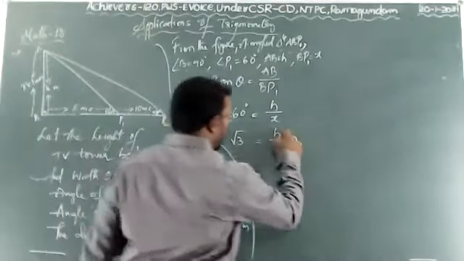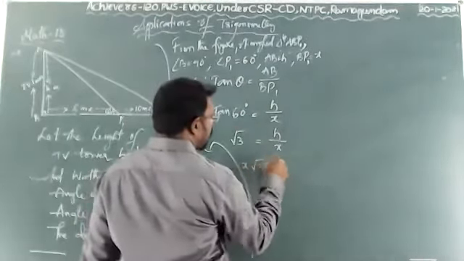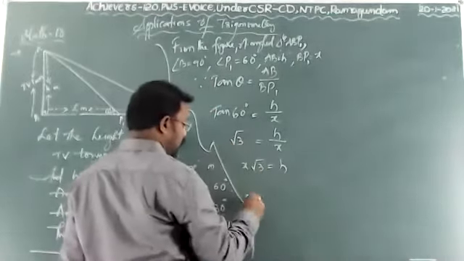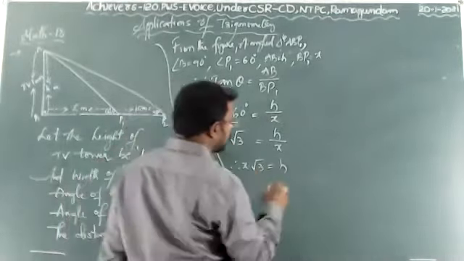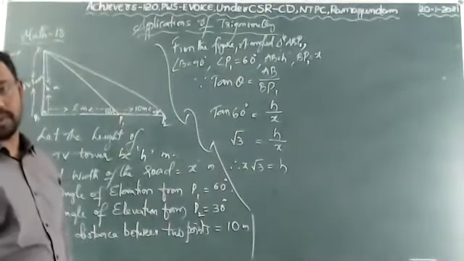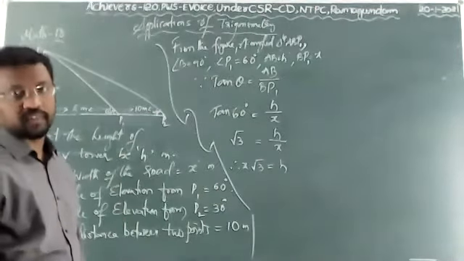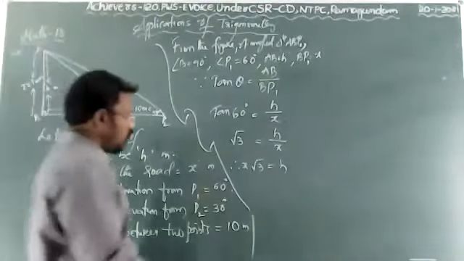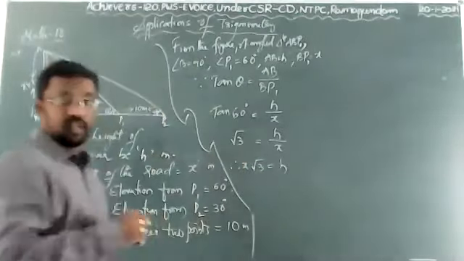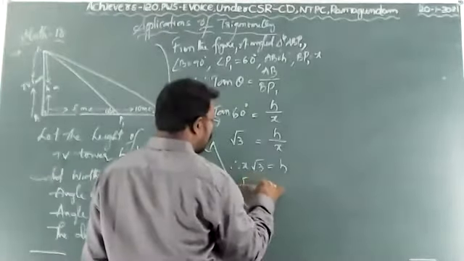So now first find out X: X root 3 is equal to H. Therefore, H is equal to X root 3. You can write whatever. H is equal to X root 3. Got it. Now, one more.